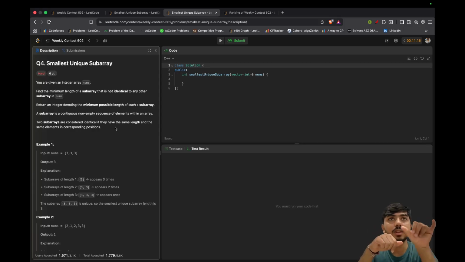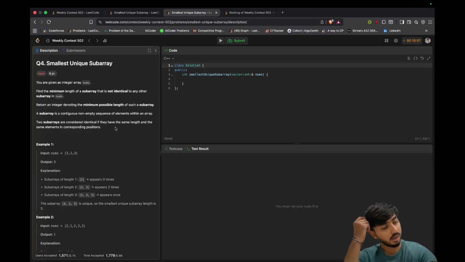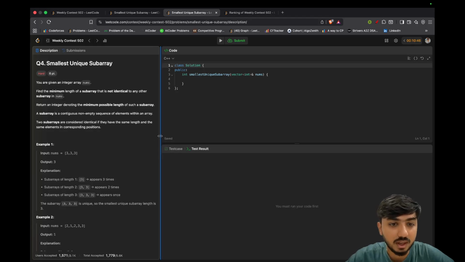We'll go through all the subarrays and check their frequency. Yes, this is doable. It's also order of n, and the check is no. To populate that segment tree, that data structure, we need to traverse all the subarrays, and that is itself n square. No, this is not correct then.